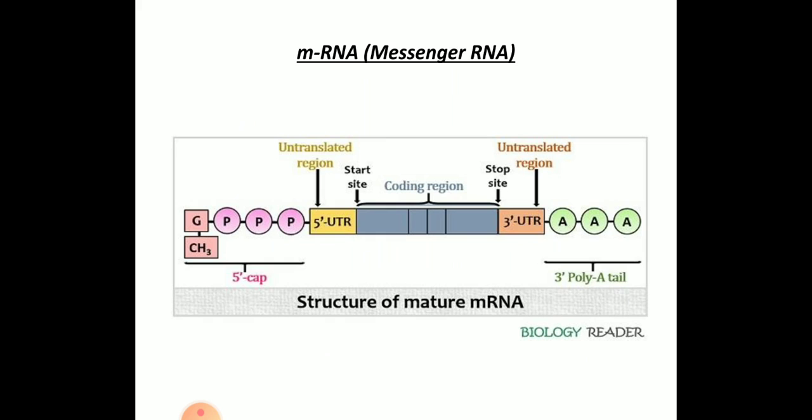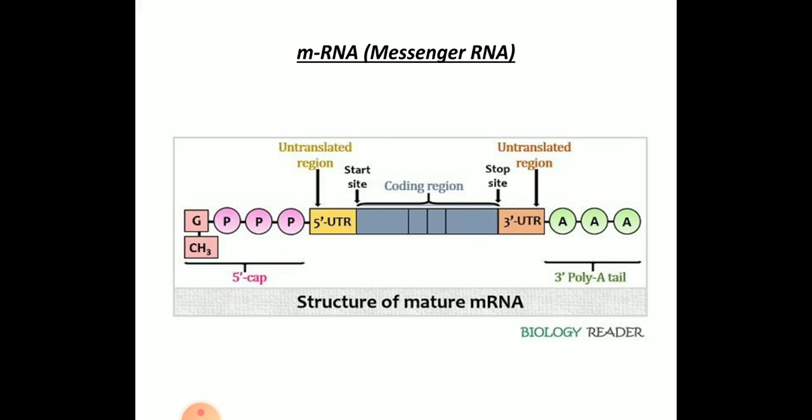This cap is followed by a 50 to 100 non-translatable nitrogen base sequence. Since it is non-translatable, it is called the leader sequence. After the leader sequence, you can find the initiation codon, AUG, or GUG in prokaryotes.